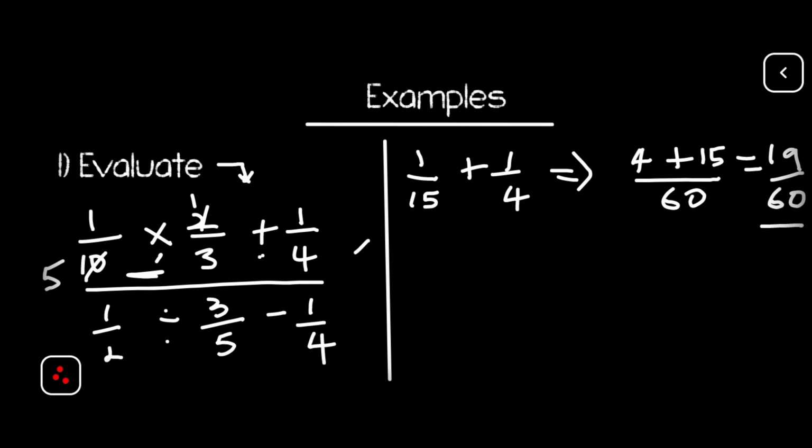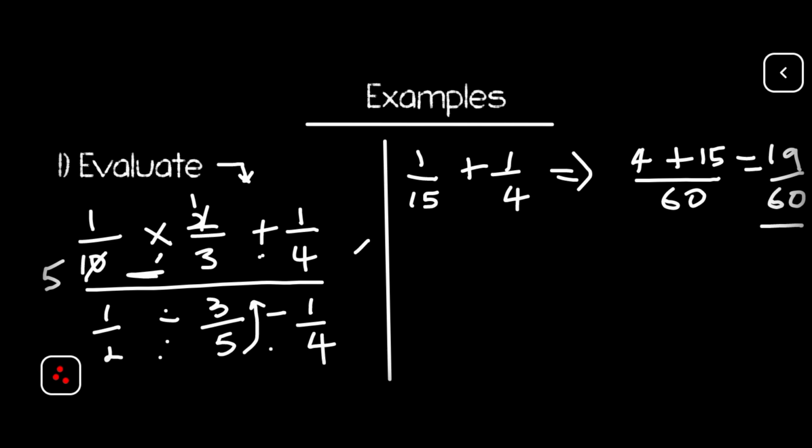Now this is division, this is subtraction. So we have to start with division first because that is what comes first in the rule of BODMAS. Now when we have to divide, we have to change the sign, so this will be inverted. You understand that?